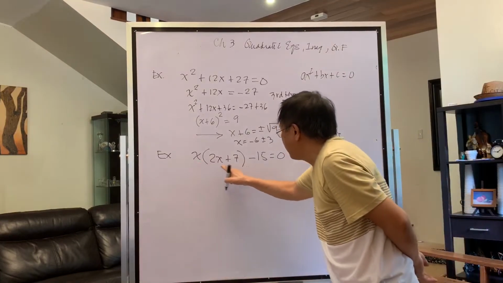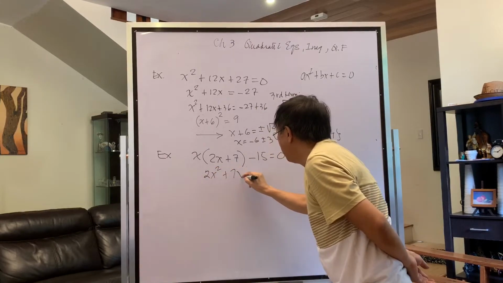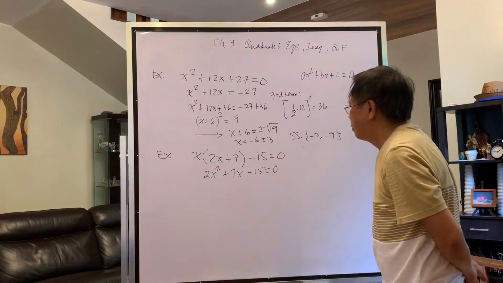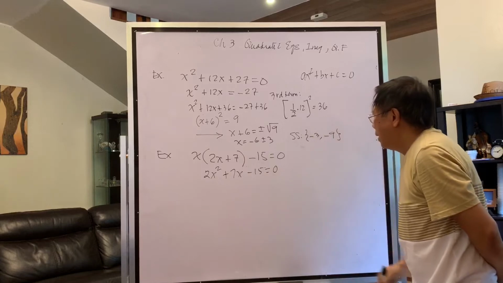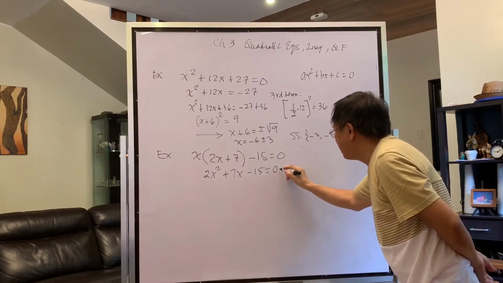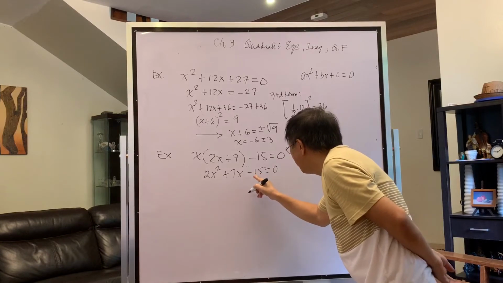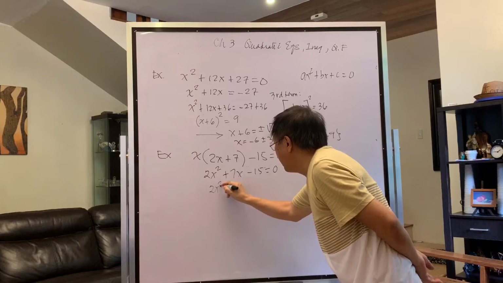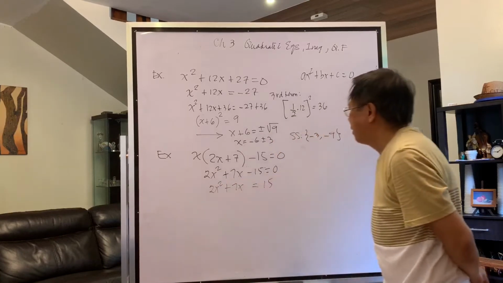Let's rewrite x times (2x plus 7) as 2x squared plus 7x minus 15 equals 0. The next step here is to isolate the constant term. Isolating the constant term means we are going to use addition property and add 15 on the left, 15 on the right, so that we now have 2x squared plus 7x equals 15.